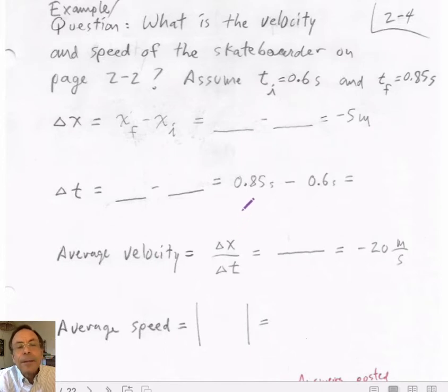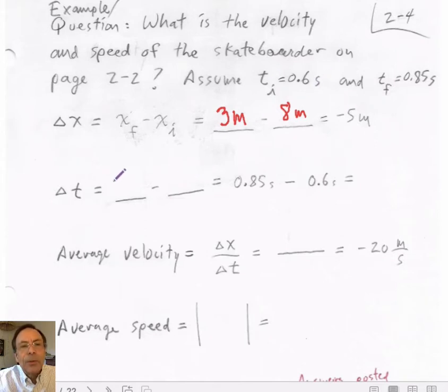All right, so you thought about it? Well, if you go back, you should remember that the final position was 3 meters and the initial position was 8 meters, and 3 minus 8 was -5, which is what we did before.